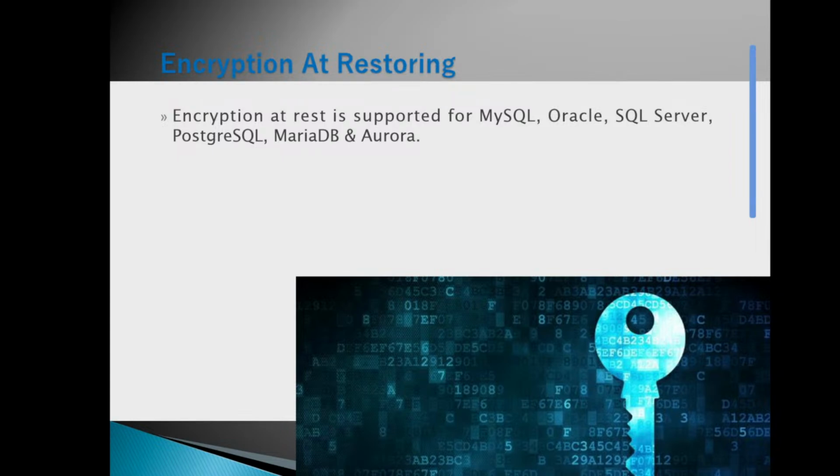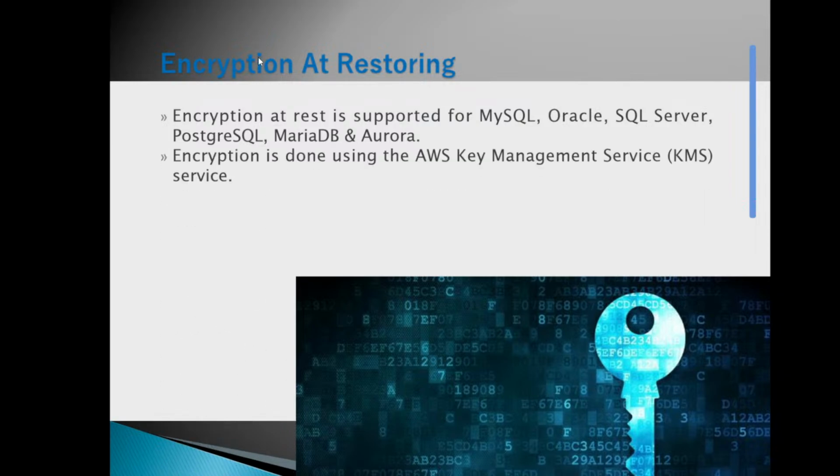We have to enable encryption for our data. Encryption at rest is supported by MySQL, Oracle, SQL Server, Postgres, MariaDB, and Aurora. All the six database engines support encryption of your data. Clear? It's always recommended that you should encrypt your data.